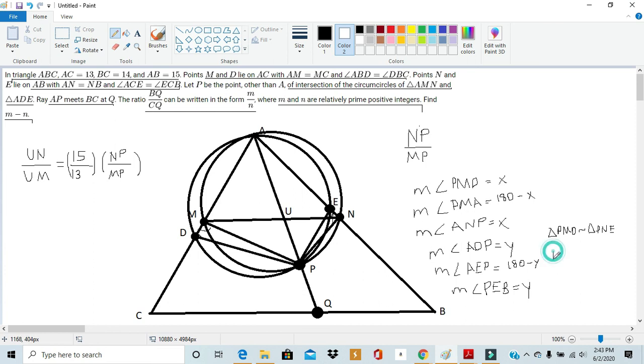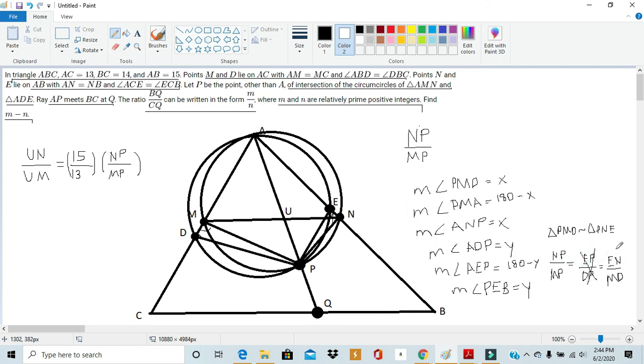So we can write NP over MP is equal to EP over DP, which is further equal to EN over MD. Now, we're trying to solve for NP over MP, and we don't have any information about what EP over DP is. So EP over DP is kind of useless.